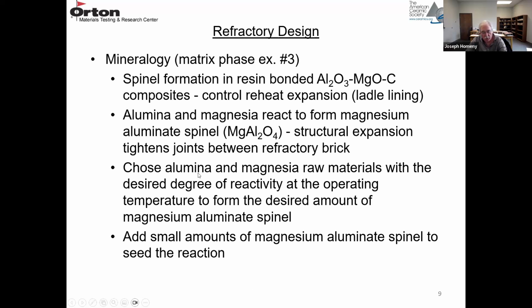So you have to choose how much free alumina and free magnesia is present and how much spinel will form. And in that way you can control the reheat expansion. You can also start out with the spinel by itself. And you can also use the magnesium aluminate spinel in small amounts to seed the reaction, to accelerate the formation of spinel.